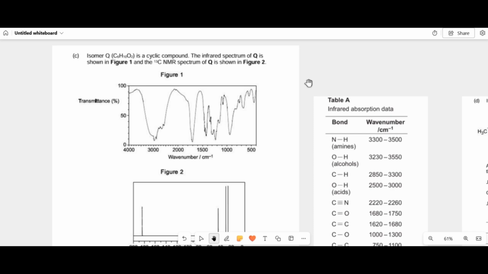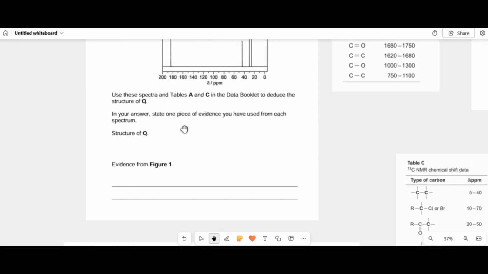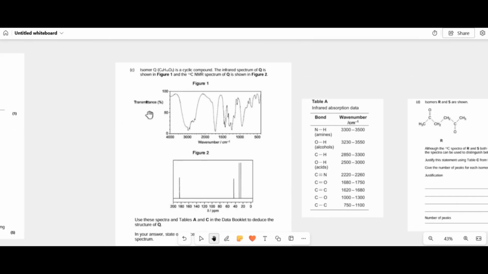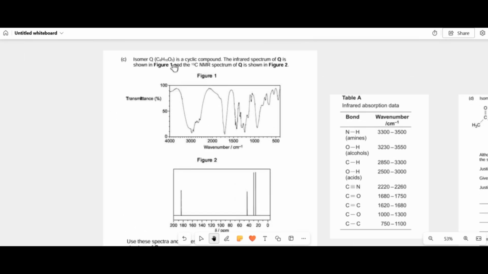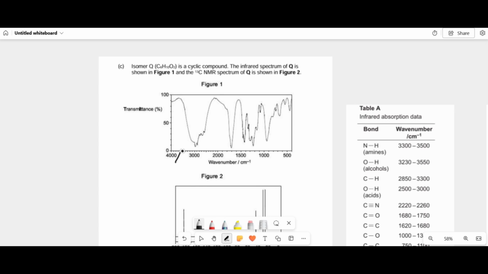We're looking at question C. C is talking about some compound. It's telling us to use a spectral analysis in your statement. What we're looking at here is a cyclic compound of C6H10O2. So let's look at the peaks. Let's look at figure 1. Figure 1 has a big peak over here. What's that peak saying? It's in the 2,500 to 3,000 range.